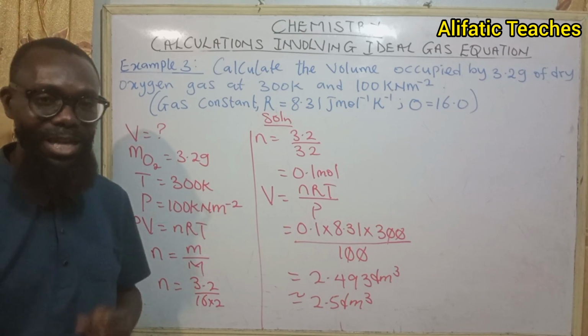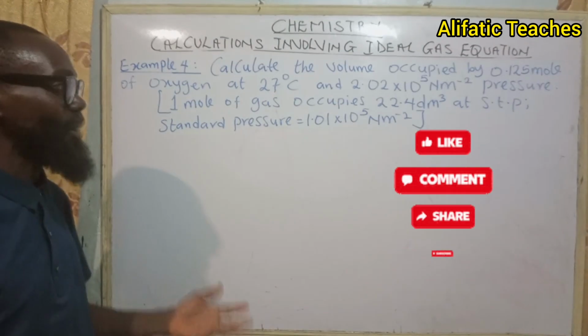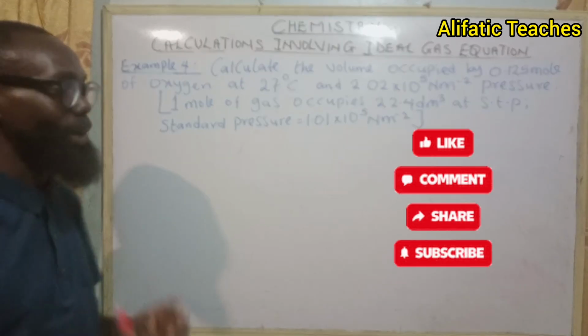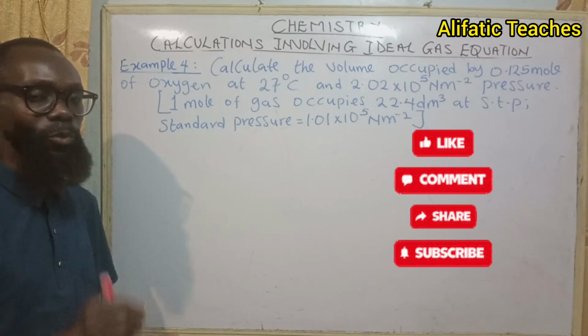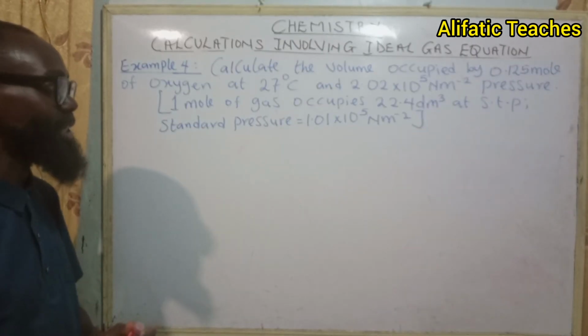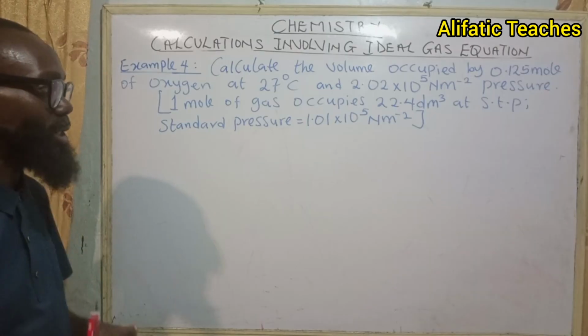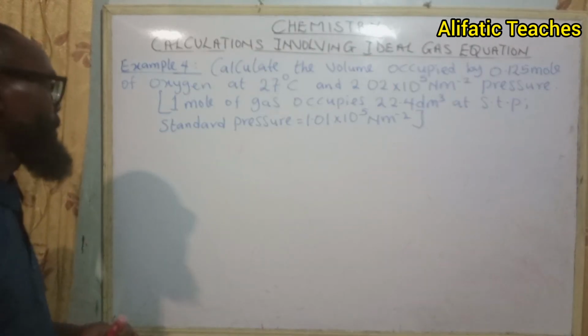So let's take another example as we move forward. Example 4. Calculate the volume occupied by 0.125 mole of oxygen at 27 degrees Celsius and 2.02 times 10 to the power 5 Newton per meter square pressure.